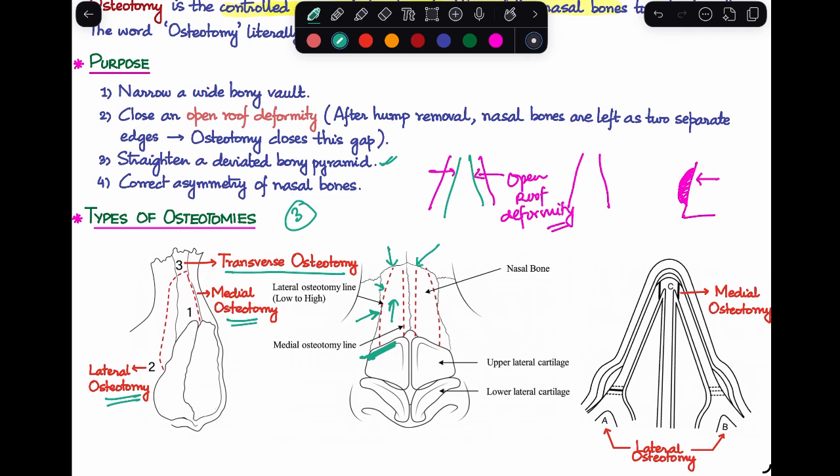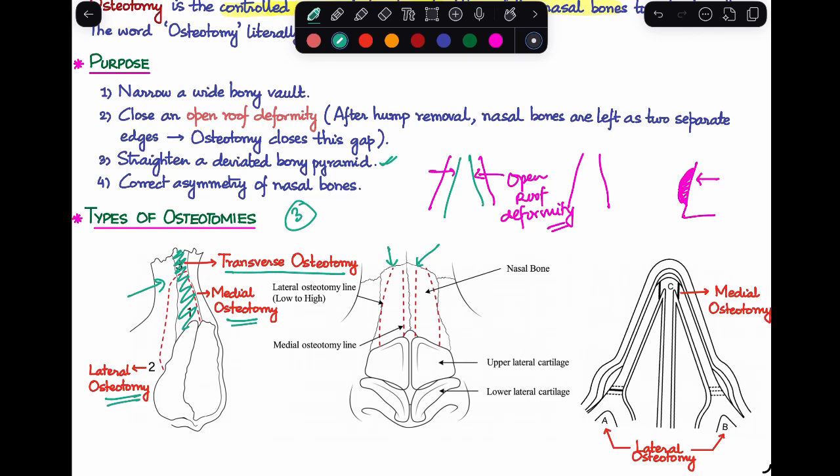Now, the purpose of lateral osteotomy is that we are trying to free the nasal bone. If you remember the anatomy over here, this is our nasal bone, right? Beside this, this is the frontal process of maxilla.